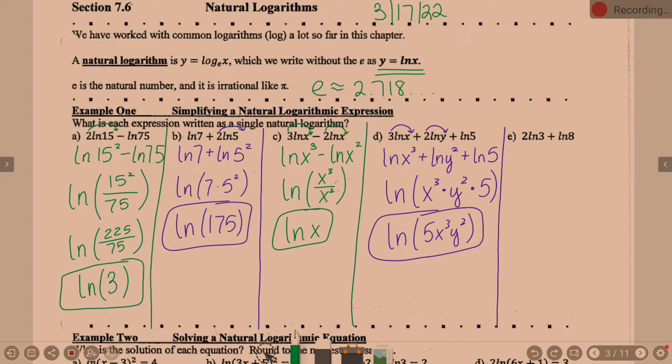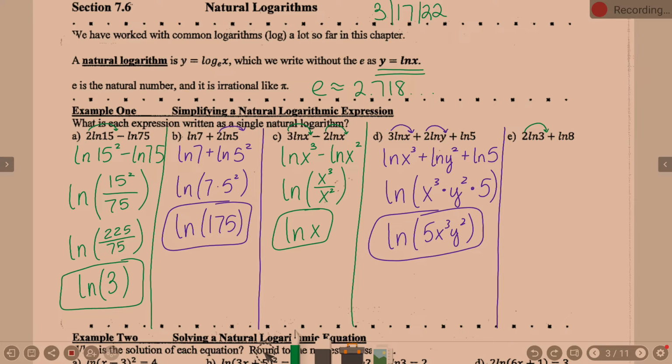Okay, one more. Then we're going to go solve some equations. 2 natural log of 3 plus natural log of 8. Okay, so we can't add these logs until we get the number out front.